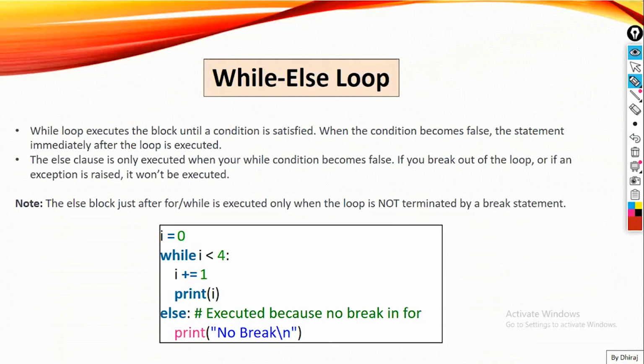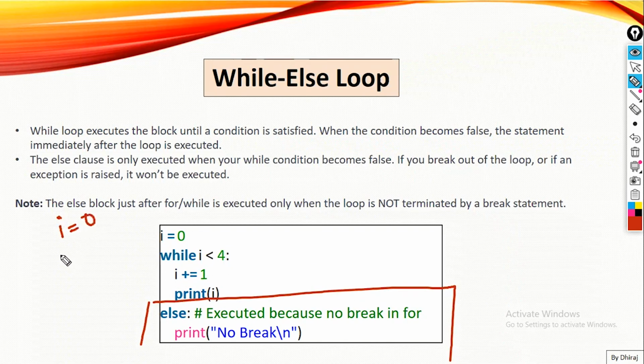See, in this program, this else part we're going to study now. So here, I is equal to 0. Now, while I is less than 4, is 0 less than 4? Yes, it is true. Now here, I is equal to I plus 1. So what is in I now?